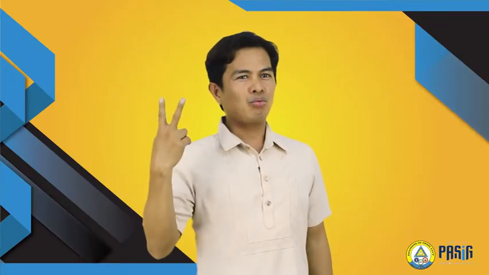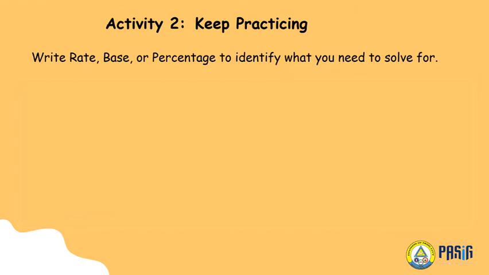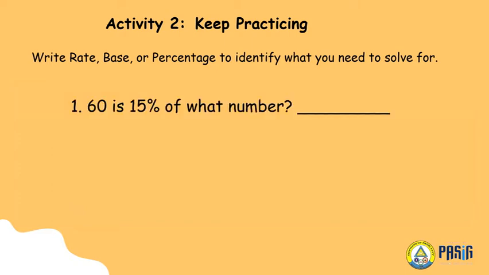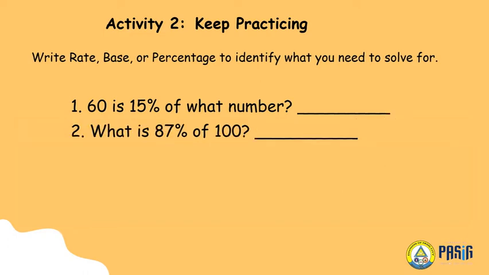Activity number 2. Direction. Write rate, base, or percentage to identify what you need to solve for. Number 1. 60 is 15% of what number? Number 2. What is 87% of 100?